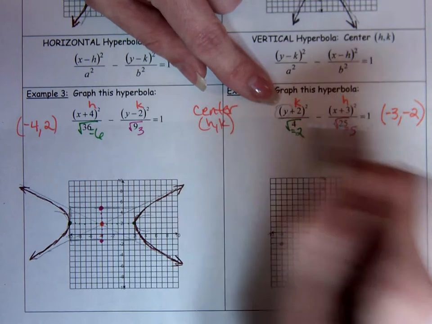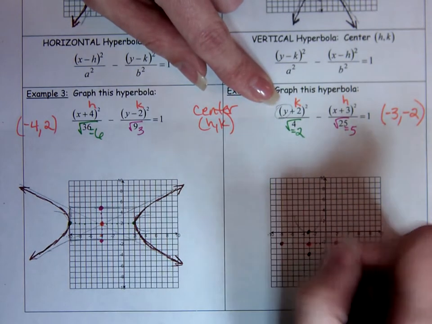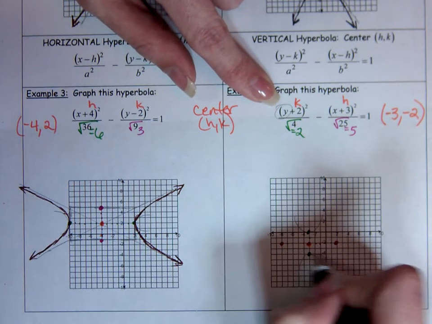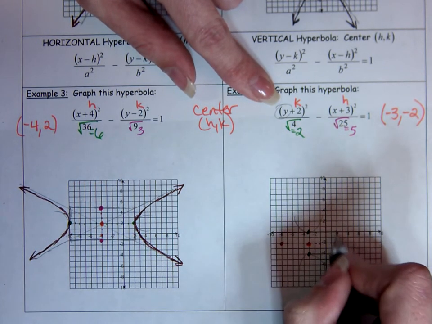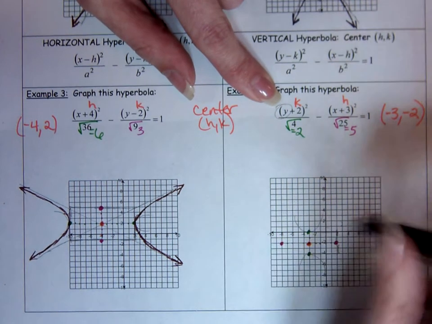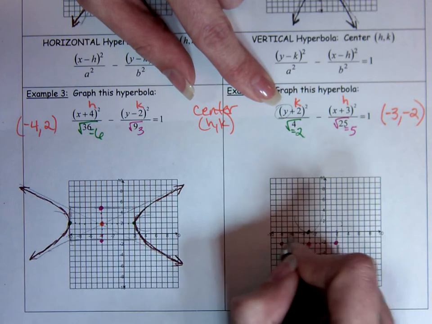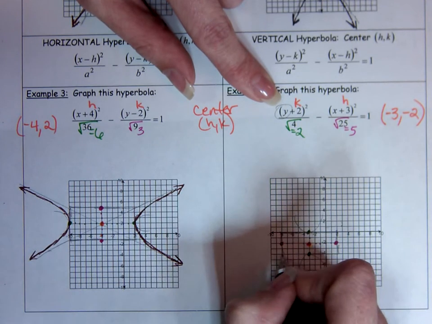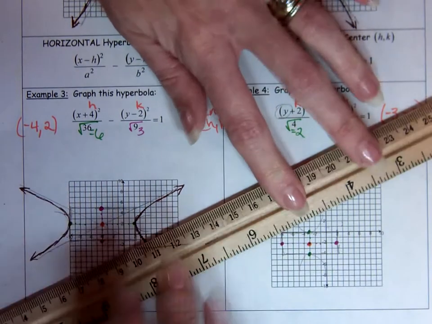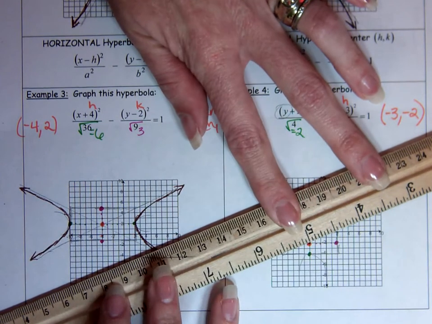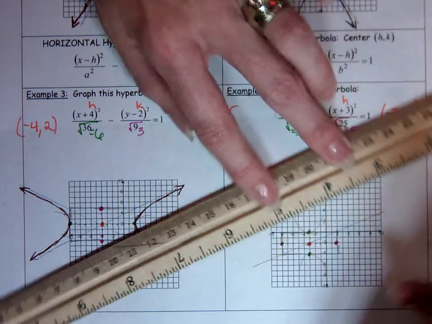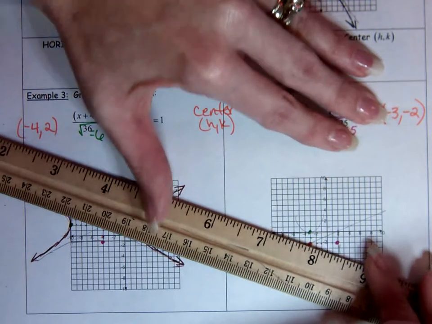Remembering that y came first, so our curves are going to open vertically. Then we set up our rectangle. Nope, too far. And sketch asymptotes. Sketch back through the other side.